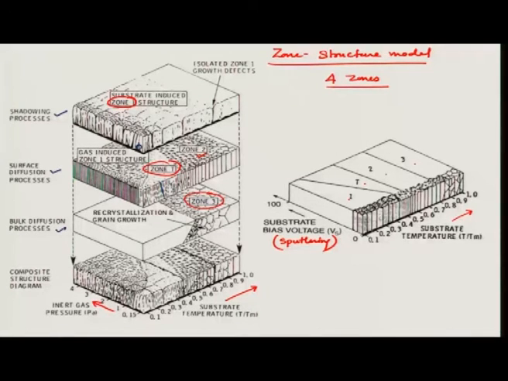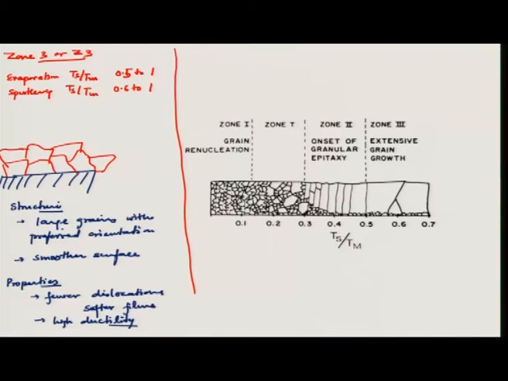Now, come to this. This is especially for metallic thin films. This is the same principle, shown against thickness, with the different zones: zone 1, zone T, zone 2 and zone 3.